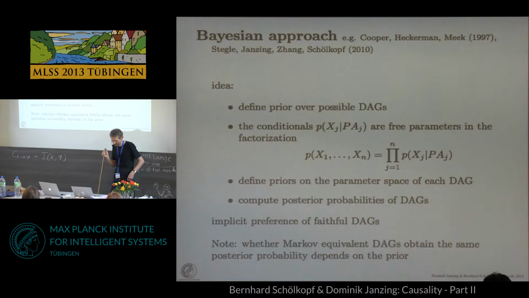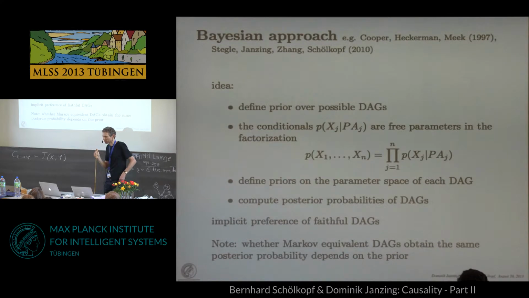I remember a discussion many years ago where we started our causal inference. Someone said, well, we need a prior where Markov equivalent DAGs get the same posterior. And I asked why? Well, because they are indistinguishable.